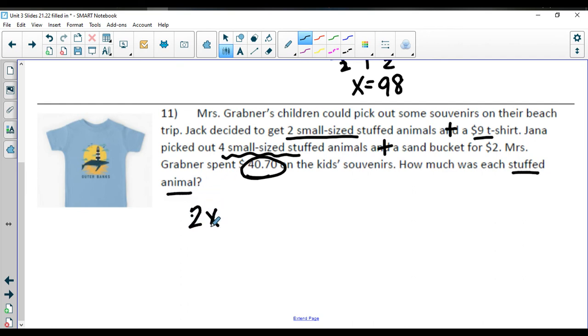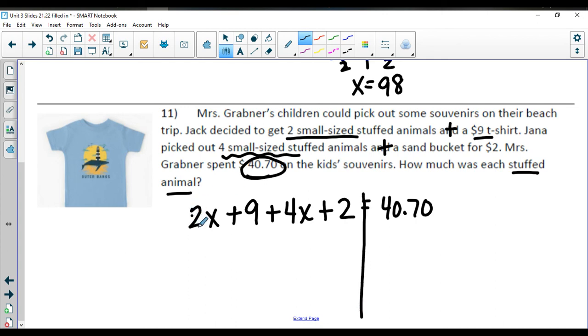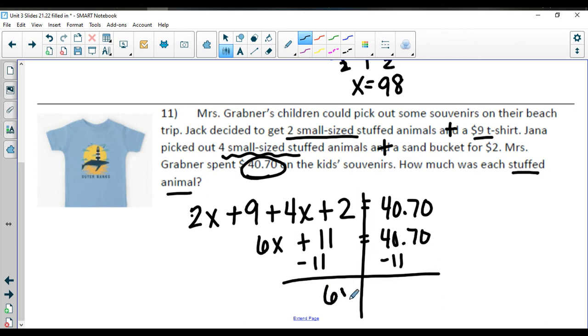So Jack got 2 of the stuffed animals at X dollars plus a $9 shirt. Jana picked out 4 of them and a sand bucket for $2, and my total was $40.70. Combining my like terms, in all I got 6 stuffed animals, spent $11 on the other stuff, and this is equal to $40.70. Subtract away my 11.